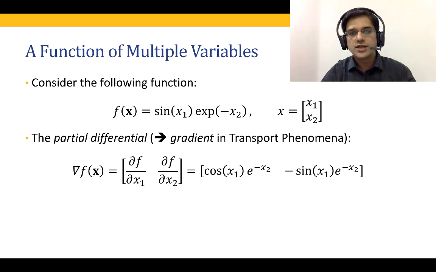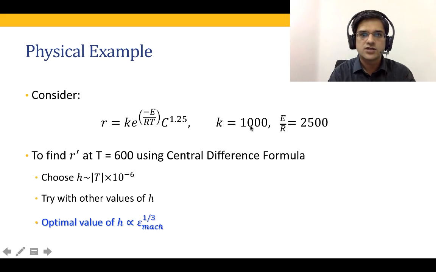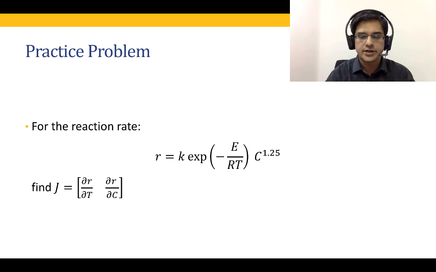Now let us move on to the same example for rate of reaction, where k as before was 1000, E by R was 2500, and we need to find dou R by dou T and dou R by dou C at T equal to 600 and C equal to 1. That is what we need to do over here.